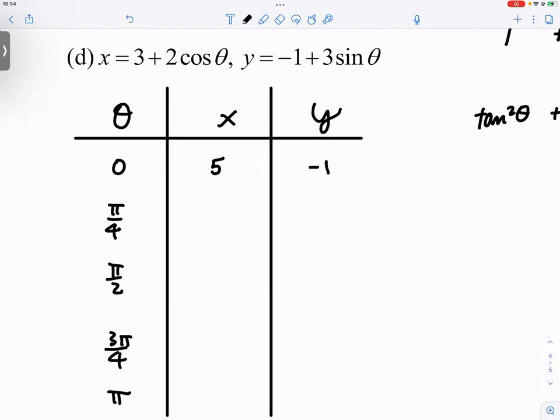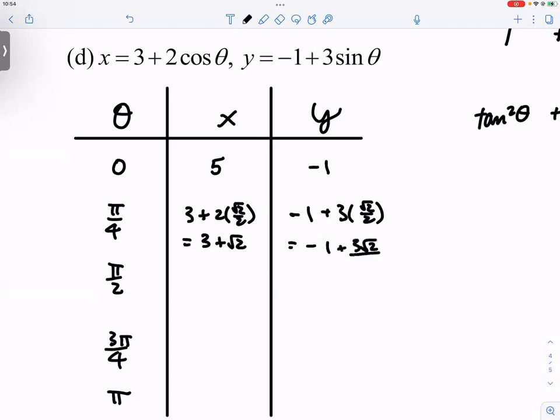When it's pi over 4, you have 3 plus 2 times root 2 over 2, so it's basically just 3 plus root 2. And for the y value, it'll be -1 plus 3 times root 2 over 2. So you can just write it this way: -1 plus 3 root 2 over 2.